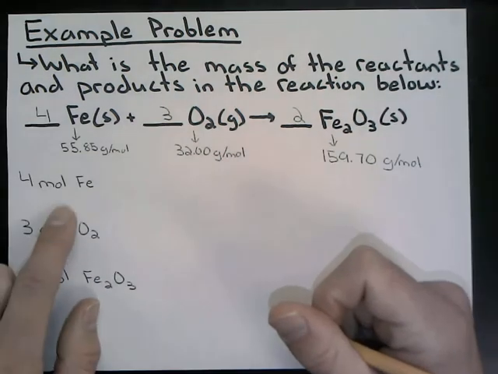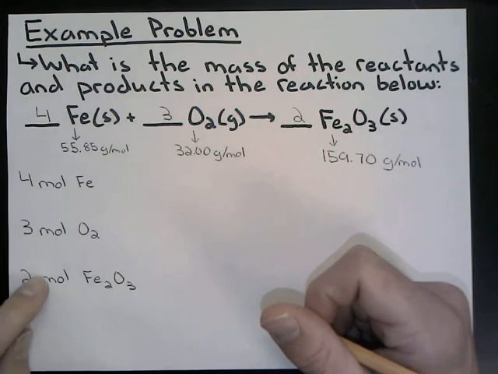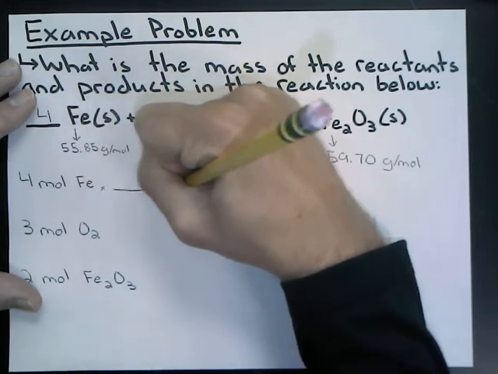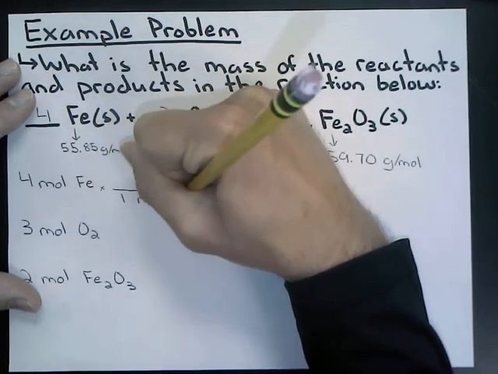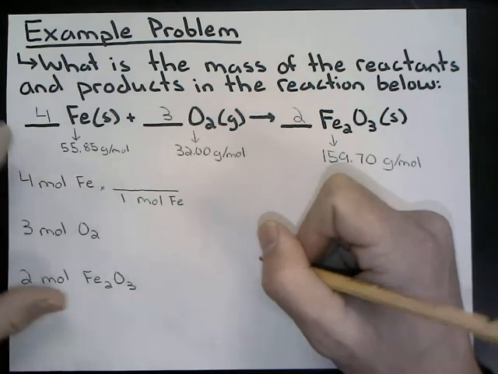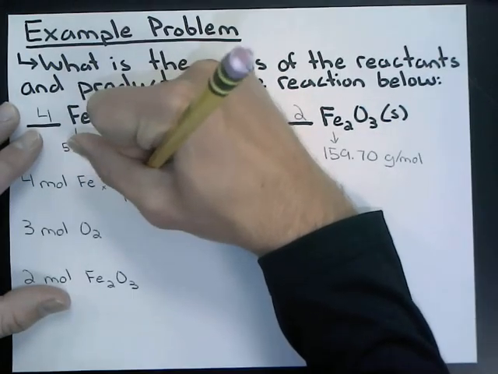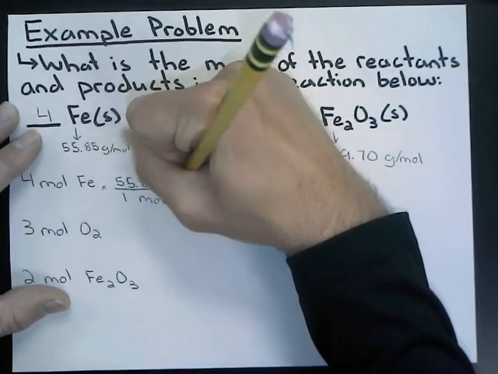Okay, now the next step is to convert each of these substances to grams. And the way we do that, remember, we cancel out moles on bottom, so moles of Fe. The molar mass would go on top, so you'd have 55.85 grams of Fe.